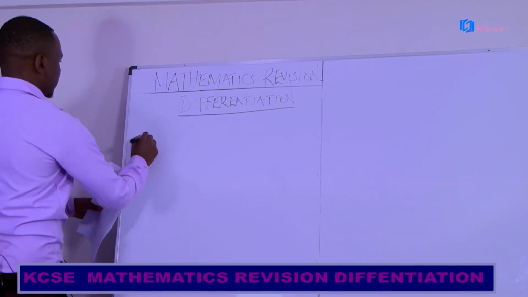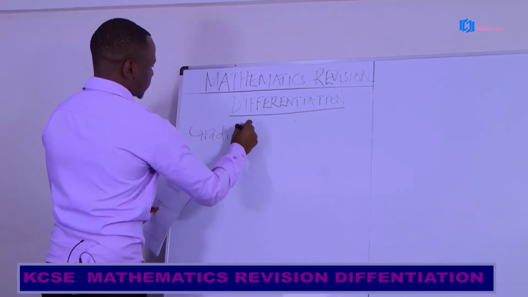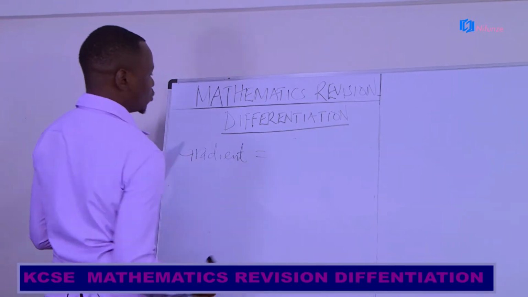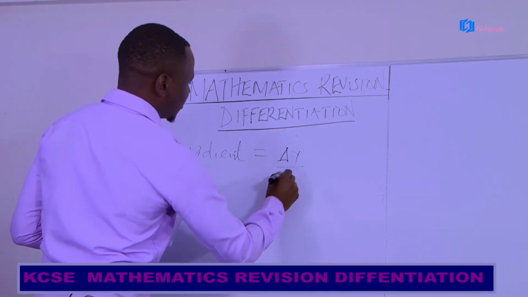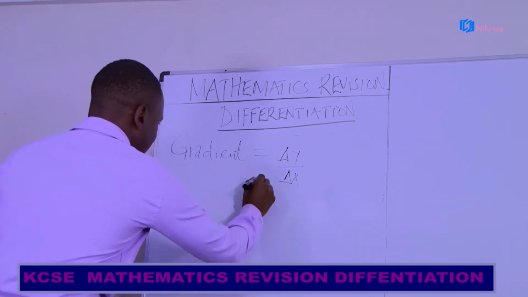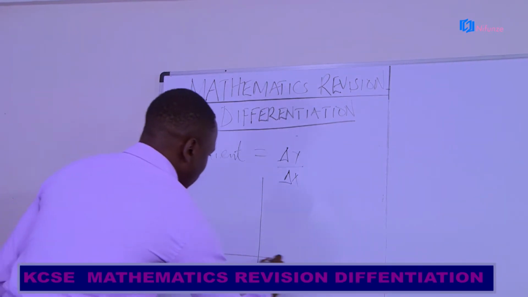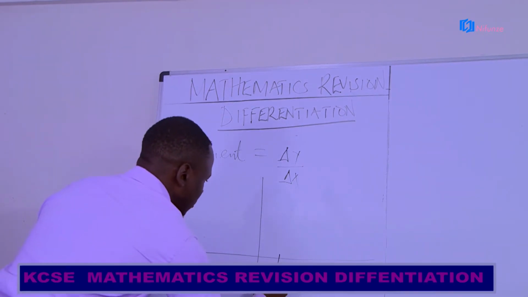gradient of a straight line. So we remember that the gradient of a line is equal to change in y over change in x. If we can sketch the Cartesian plane here, and we have various points.